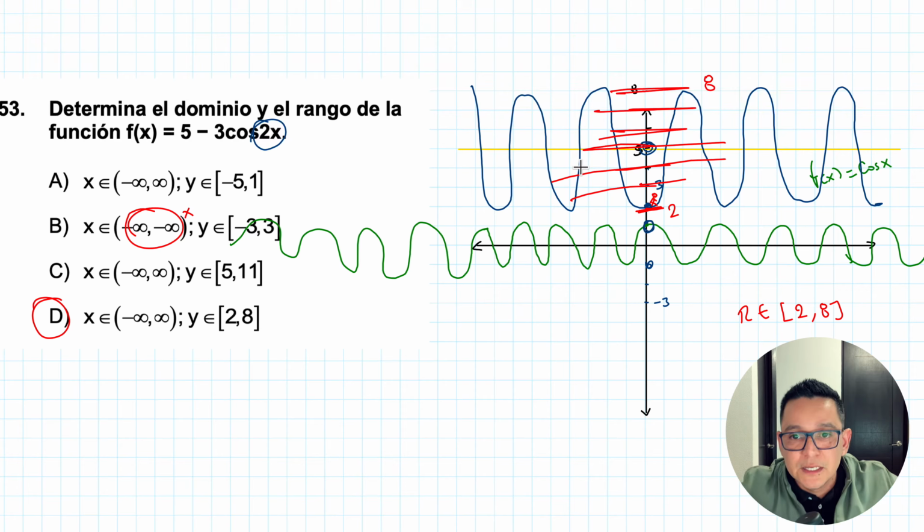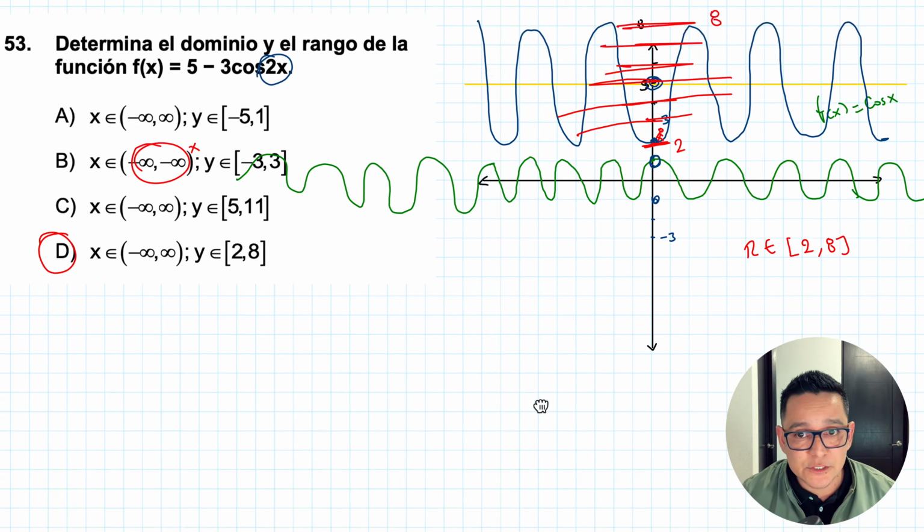So, really, the domain, for the sine function, cosine function, is going to be plus or minus infinity, okay? For the tangent function as well, it does change, because there are things called asymptotes. So if you want to look into that a bit more, I already have videos where I explain the graph of the tangent function. All right, that's it.